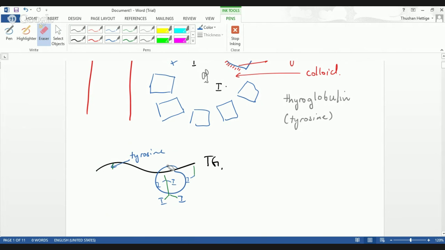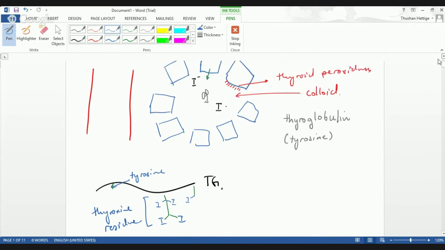And this resembles thyroxine. That's a thyroxine residue. With me so far? Now, your thyroglobulin molecule has been modified. So you've got thyroxine residues off your thyroglobulin molecule.